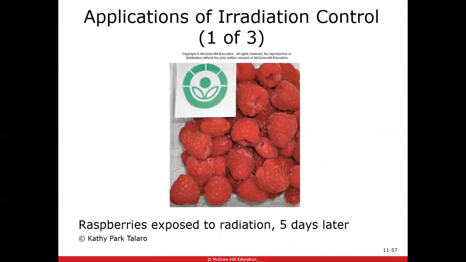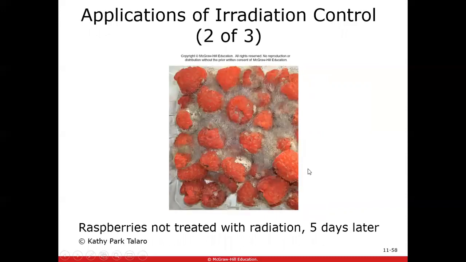So now here's how we use it in common use when we have irradiation. Applications of irradiation control. Here are some raspberries that were exposed to radiation. This is 5 days after they were exposed to radiation, and this is how they look. These are raspberries from the same group that was not treated with radiation, and this is 5 days later.